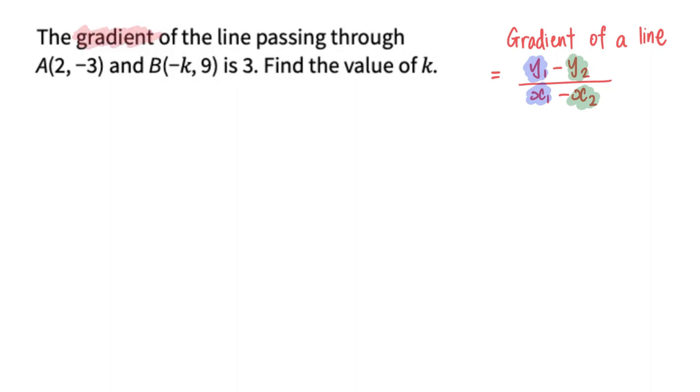We are given that the gradient of line AB is 3, okay? And we are also given the coordinates of A and B, though one of the coordinates, the x coordinate of B, is given as a variable k, which we would then have to find, okay?